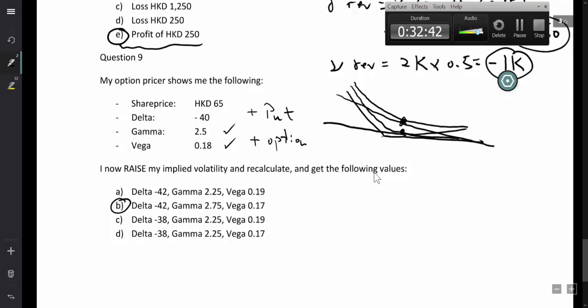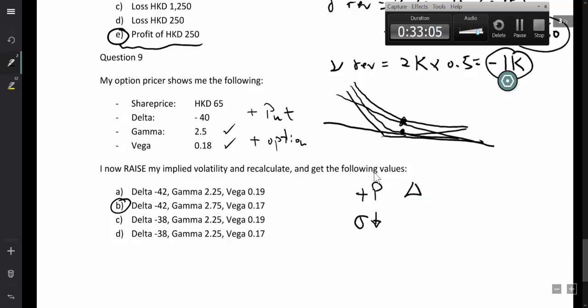So you can see that if vol goes down, you long a put, and vol goes down, actually your delta for out of the money, let me do it the other way.